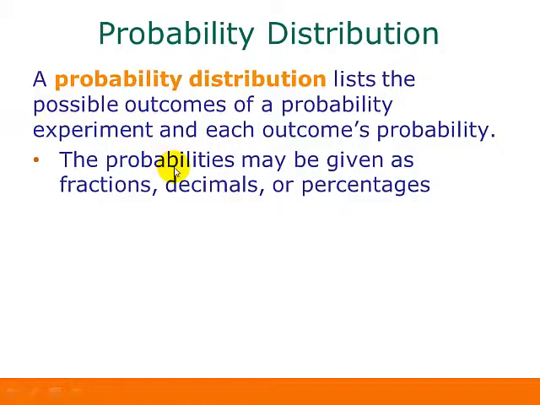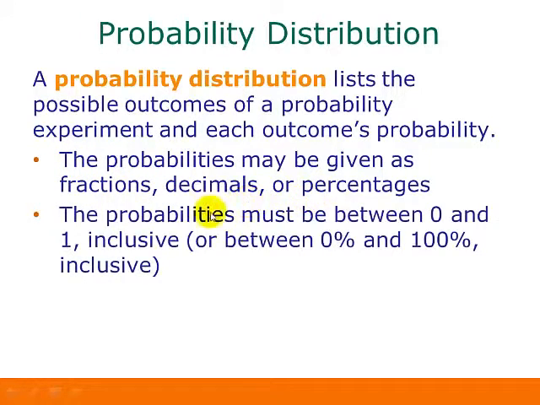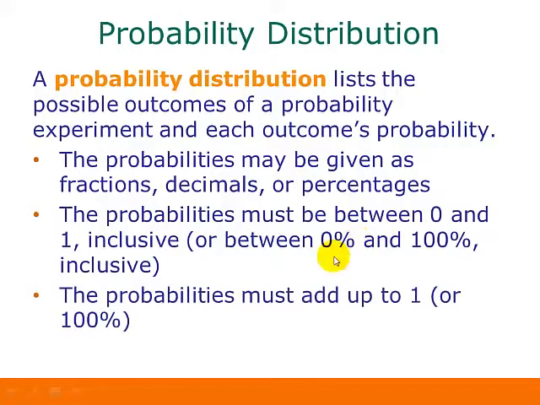The probabilities in our distribution table can be given as fractions, decimals, or percentages. Again, the probabilities have to be between 0 and 1. It could be either 0 or 1. Or if we're doing it in percentages, they could be between 0% and 100%. And the probabilities in the table have to add up to 1 as long as the table includes all of the possible outcomes that are in the sample space.